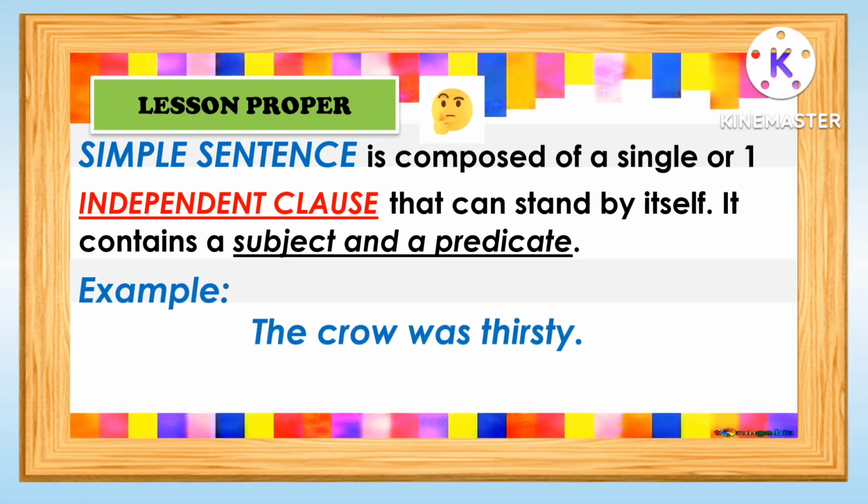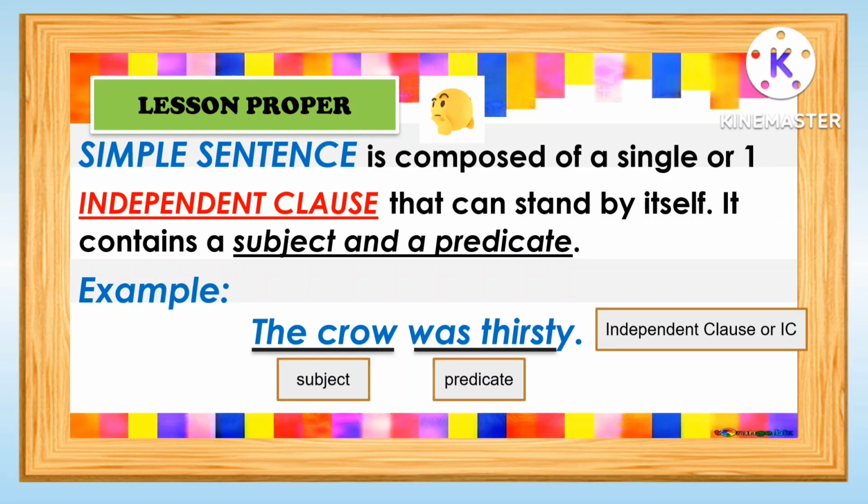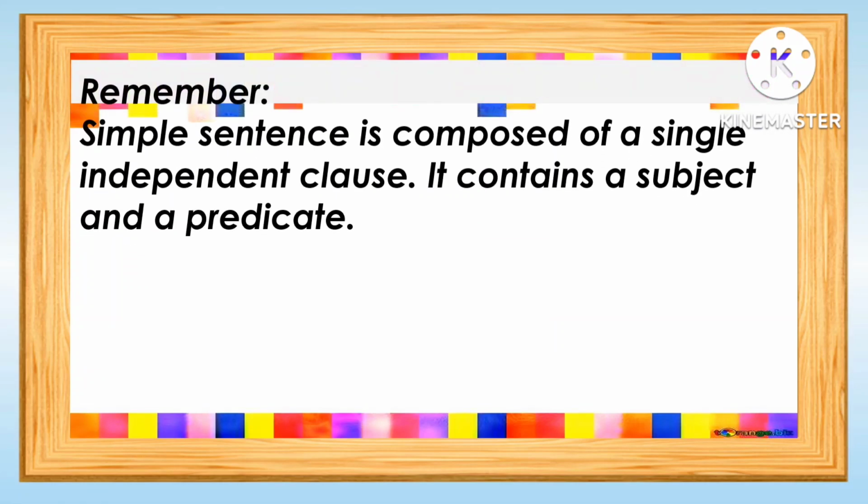Now take a look at our example. The crow was thirsty. This is an example of an independent clause or IC because it has a subject which is the crow and a predicate which is was thirsty. Alright? Remember, simple sentence is composed of a single independent clause.